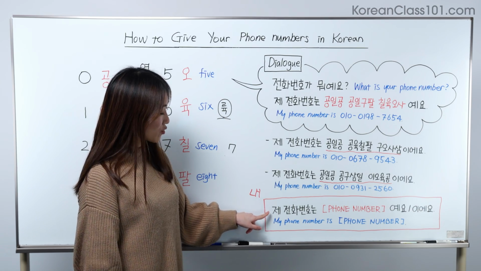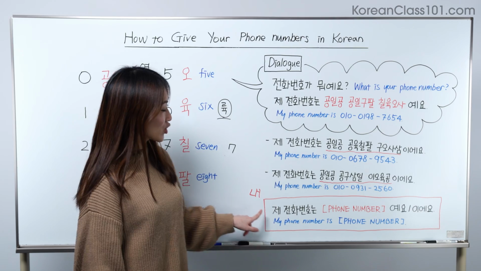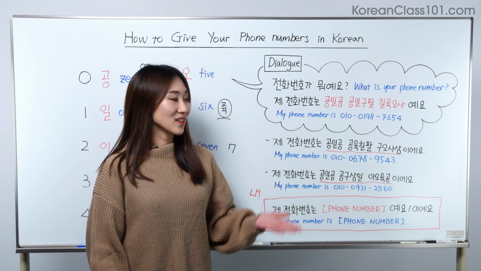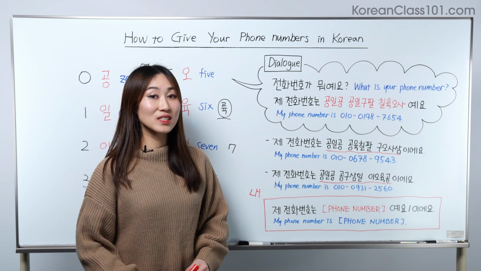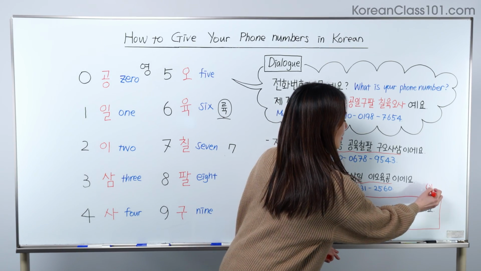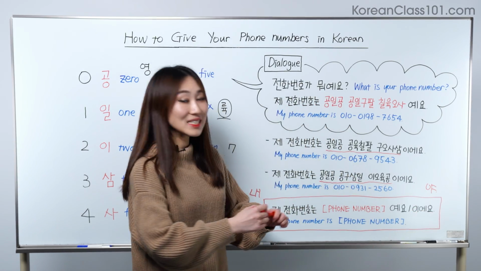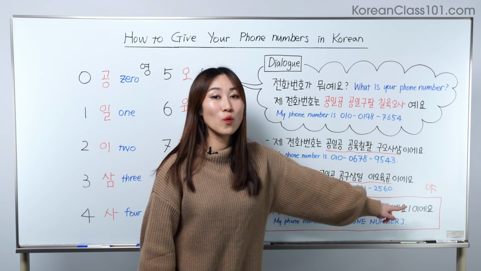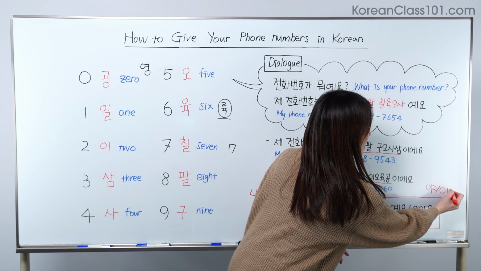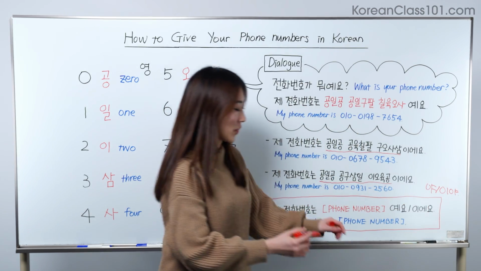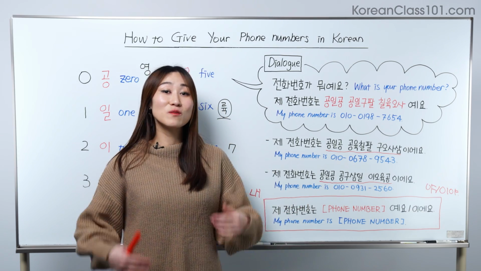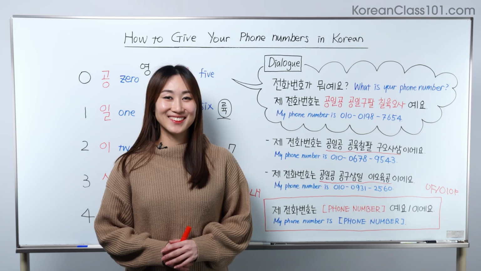So instead of 제, replace it with 내. 내 전화번호는 phone number, and say 예요, 이에요. Or if you are saying very casually, you can even say 야. It means exactly the same as 예요 or 이에요. 야 or 이야. But this is very casual and informal. So this is the sentence pattern. So when you give a phone number, use this sentence pattern.